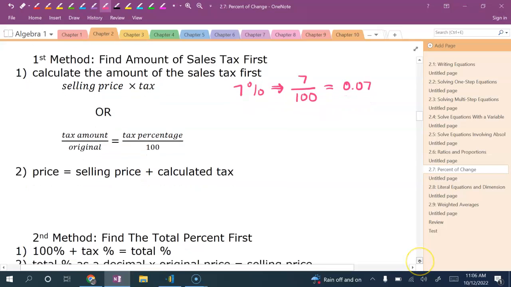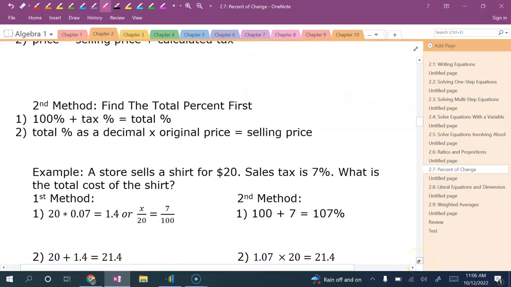The second method is to take 100% plus your tax percent that you have to pay in sales tax. That'll give you a new total percent that will be over 100%, but then you'll still write that as a decimal. Multiply that to your item cost, and that will get you the total amount that you'll have to pay without having to add on that extra sales tax amount.